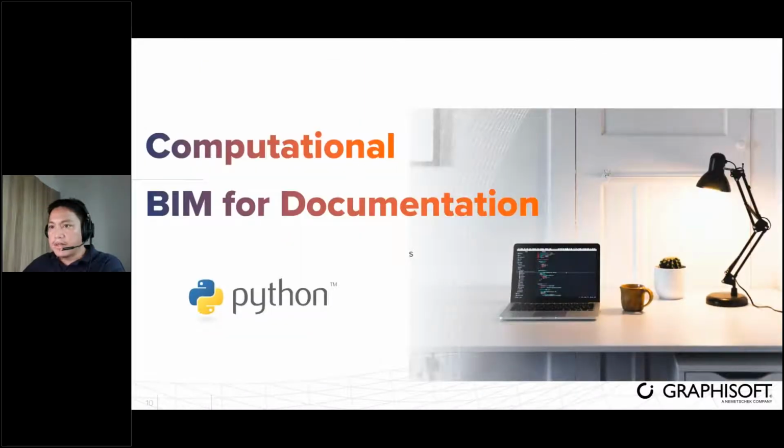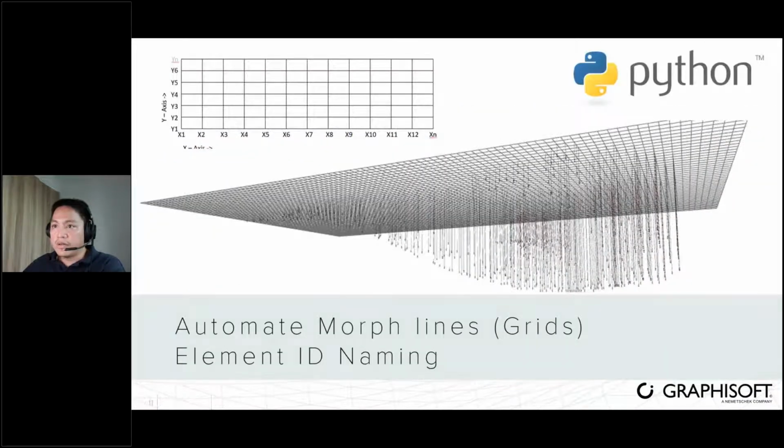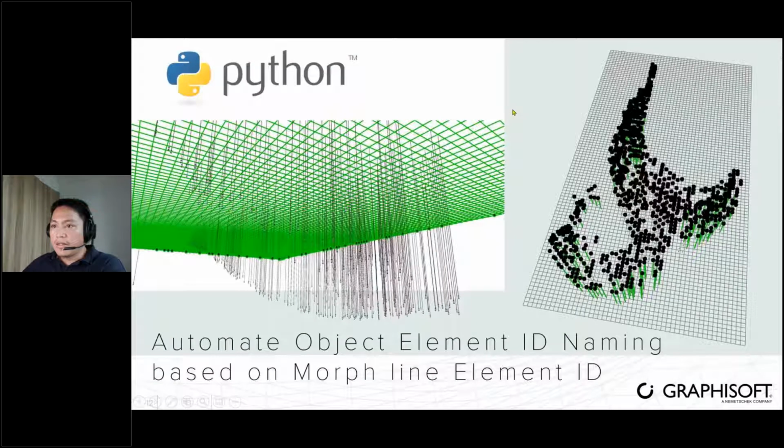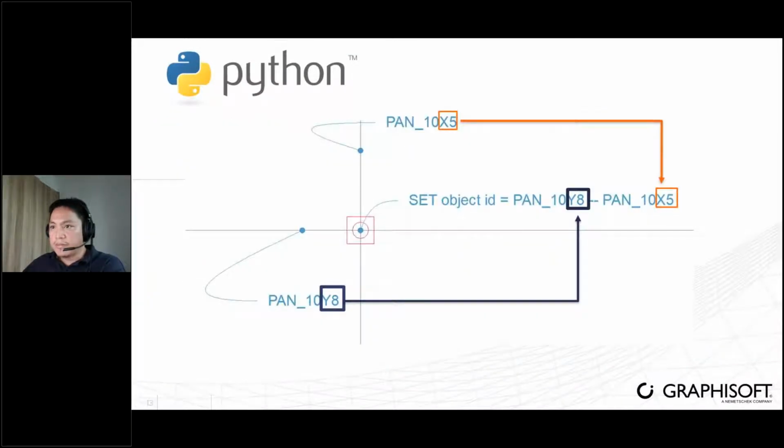After that, I took over the project and used this model to automate the documentation part. My plan is to automate grid naming, and automate object element ID naming based on the grid ID. This simple diagram is the method we use.